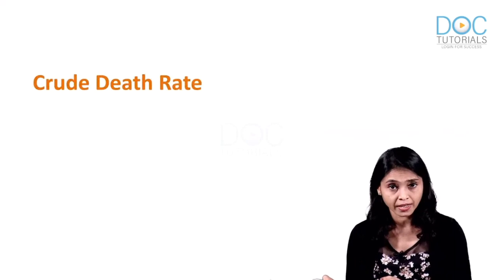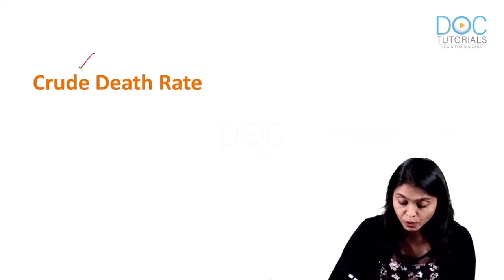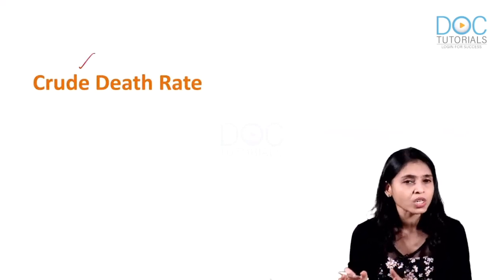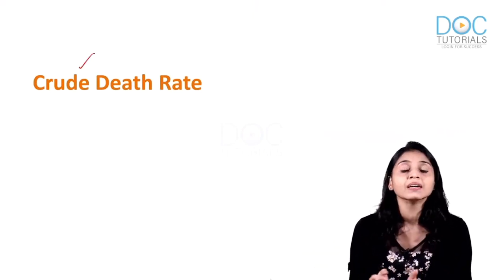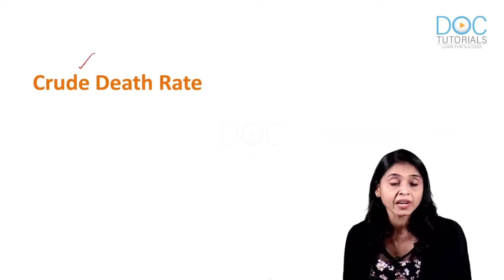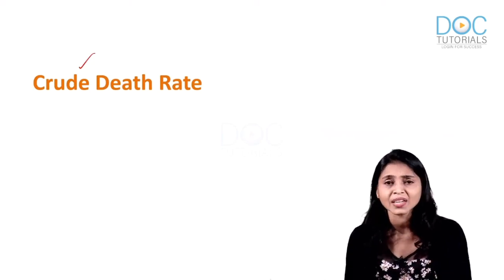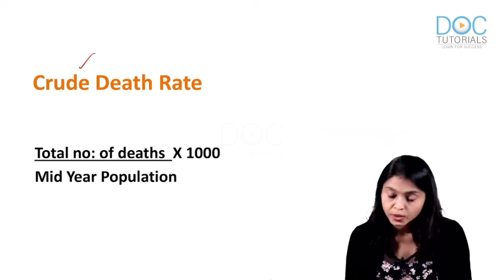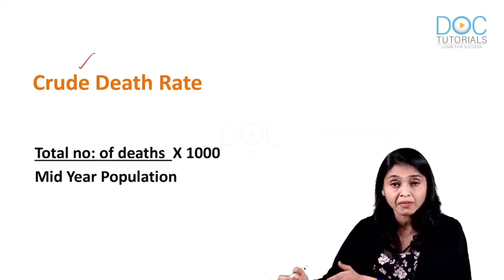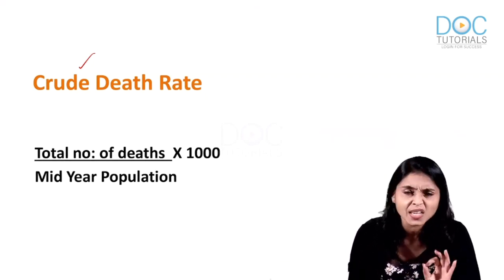Crude death rate. As the name indicates, what do you mean by crude? Crude means non-specific. It only tells you out of total people living in an area, or out of 1,000 people living in an area, how many died. So naturally, what will be the formula? Think: total number of deaths divided by mid-year population into 1,000. So that will tell you per 1,000 people living in an area, how many deaths occurred.